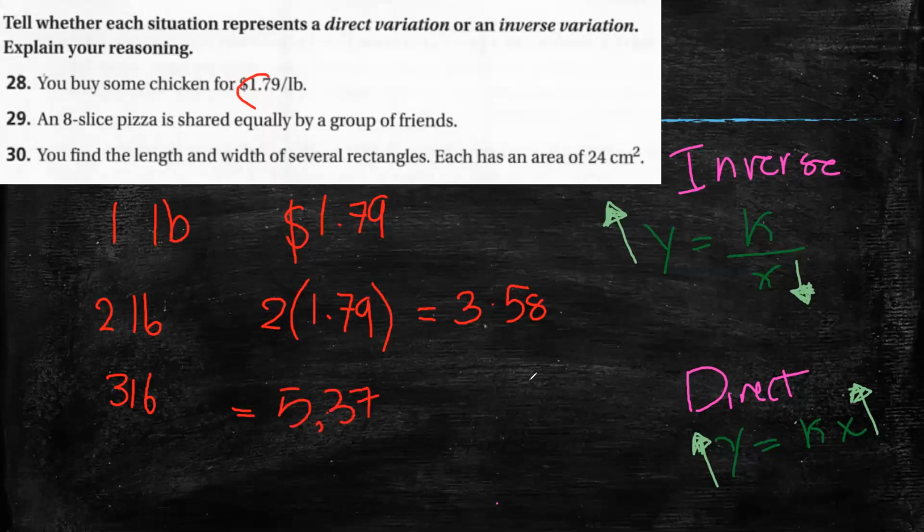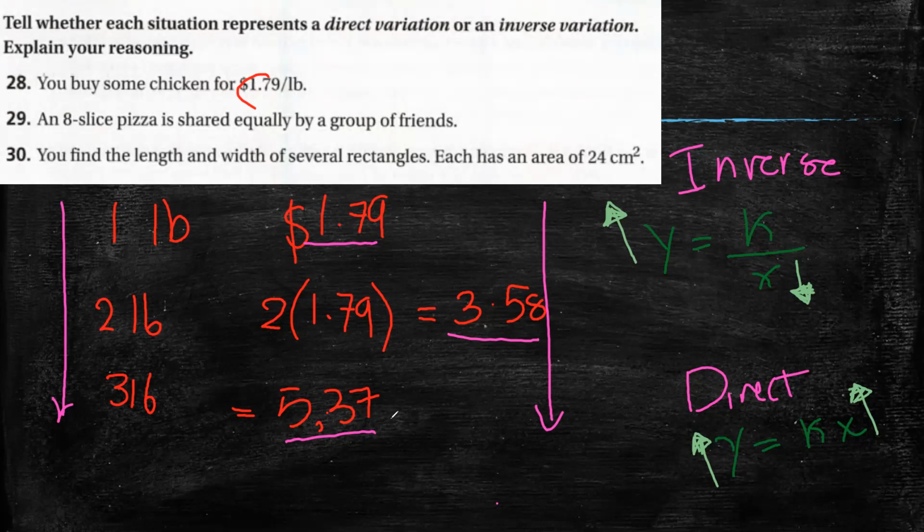Now, check x. X here is 1, then 2, then 3. So it increased. And what about the values of y? Is it increased or decreased? No, teacher, it also increased. It was 1.79, then 3.58, then 5.37. So it's also increased.